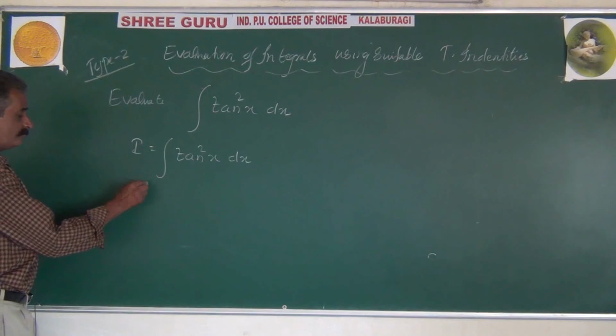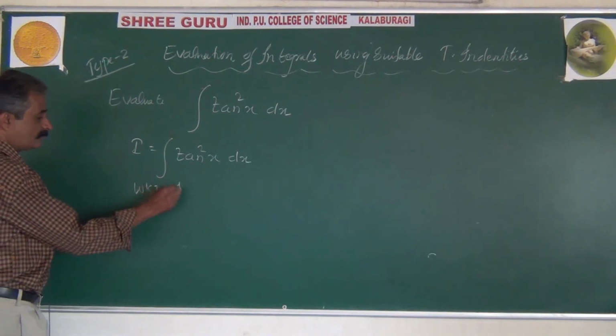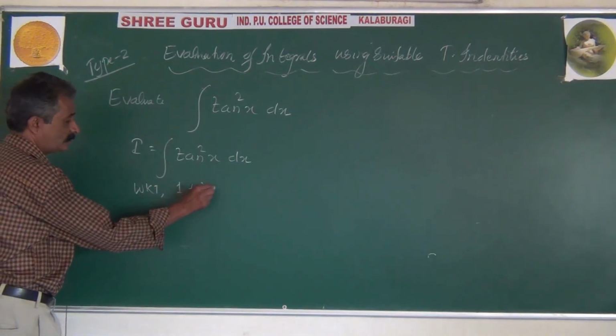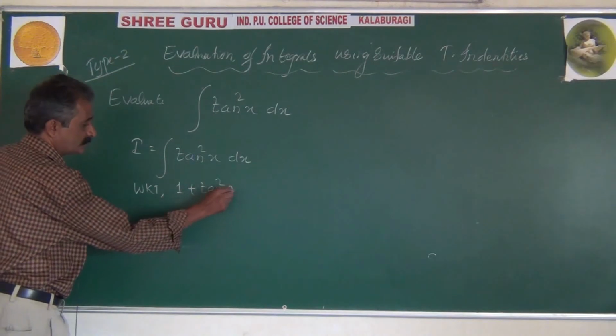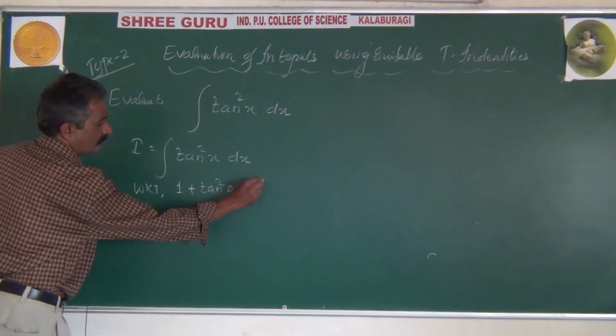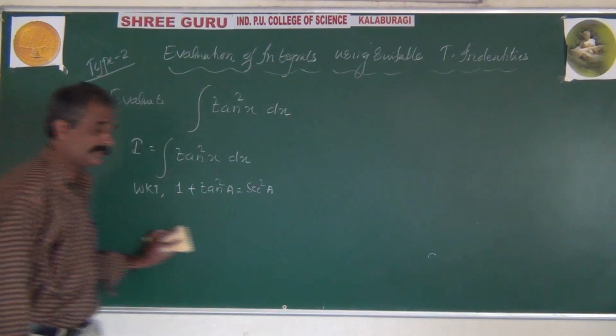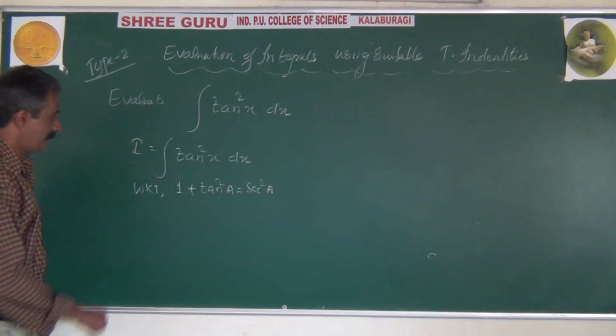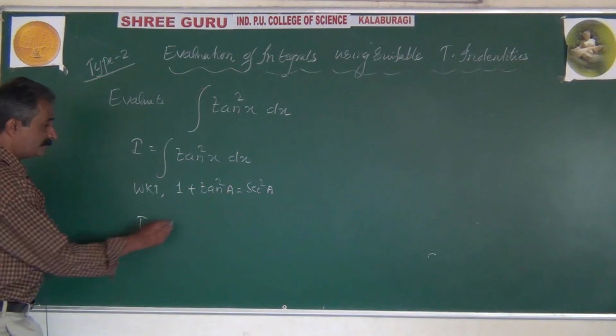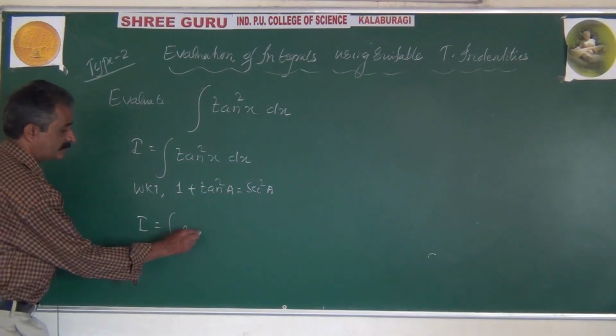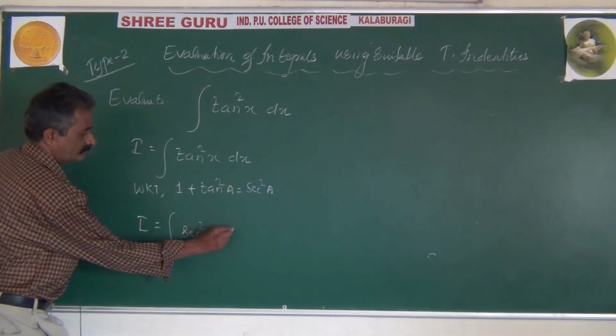What is that? We know that 1 plus tan square A equals secant square A. From this, what is tan square A? Secant square A minus 1. Hence, I equals the integration of (secant square x minus 1).